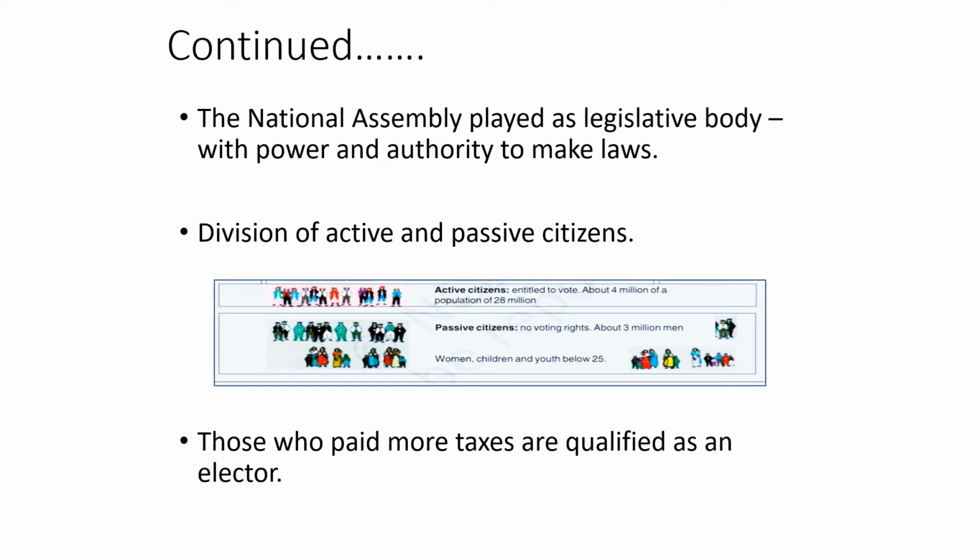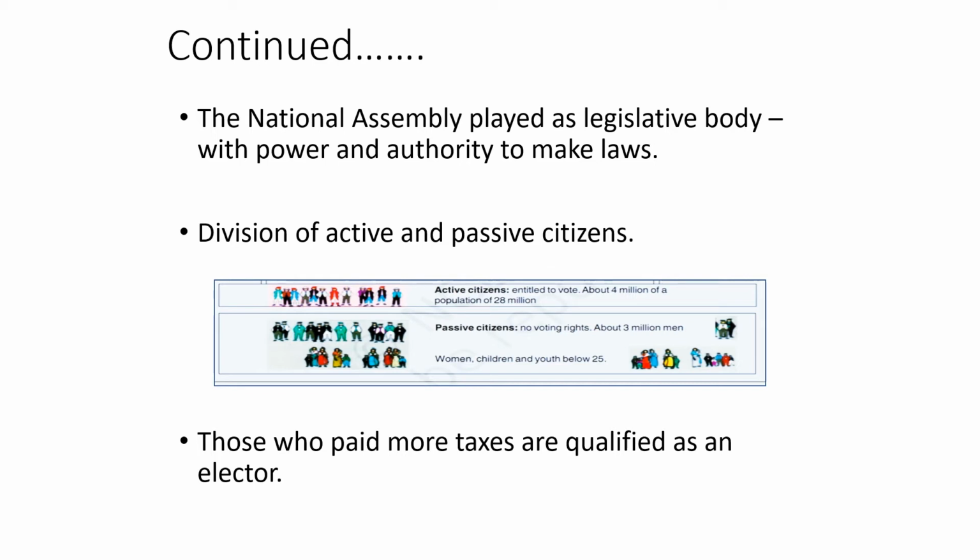On the other hand, passive citizens were all women and the remaining men whose ages were below 25 years, or those men who did not pay the taxes for the mentioned amount, that is, minimum of 3 days of a laborer's wage. This category of passive citizens was the largest number of population in France during the time.